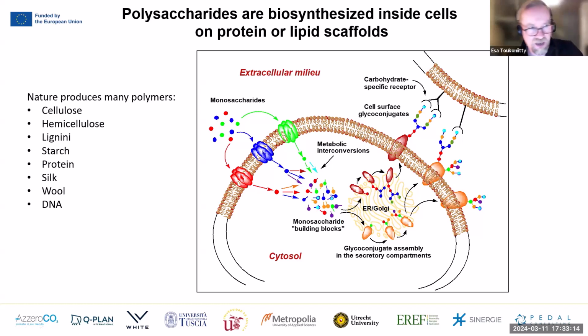It's made out of amino acids, which are the different monomers that make protein polymers. Then you can find silk and wool, polymeric fibers, and also genetic information is stored in DNA polymers. So these are not uncommon in nature.